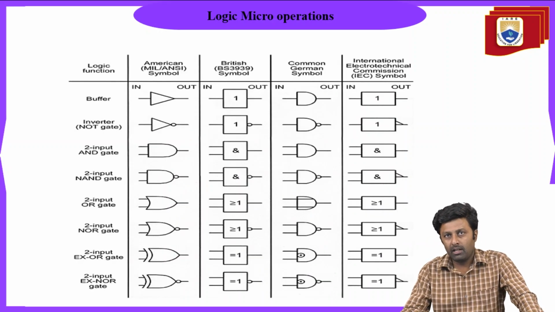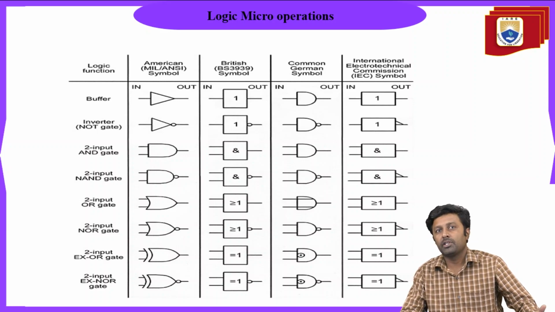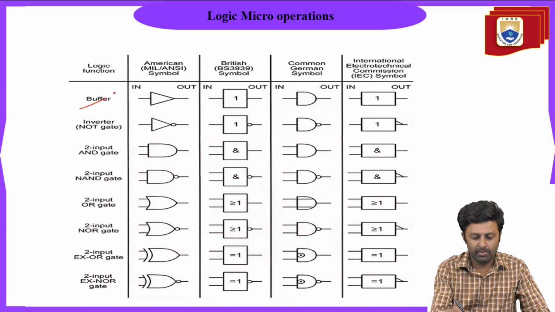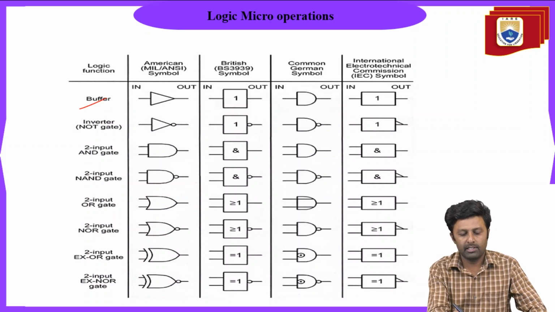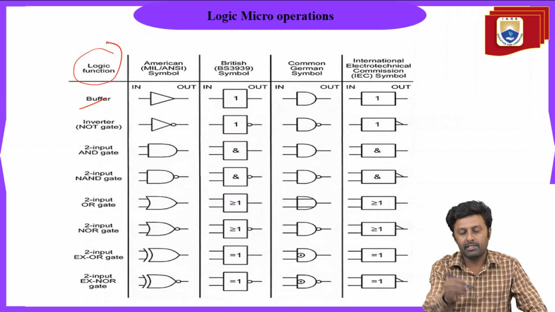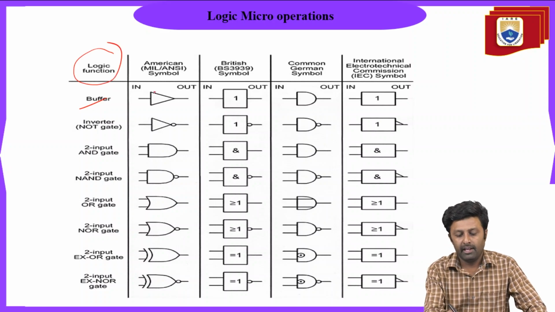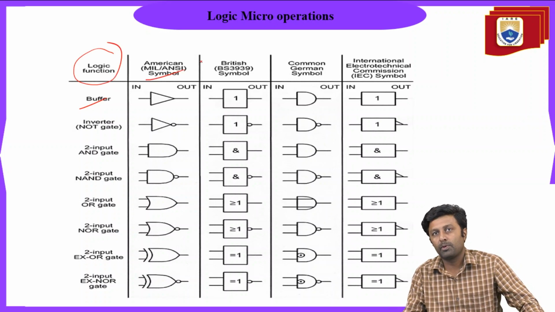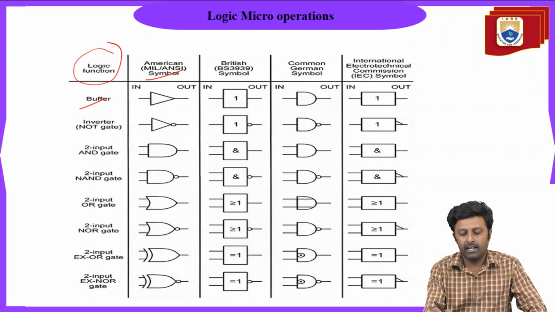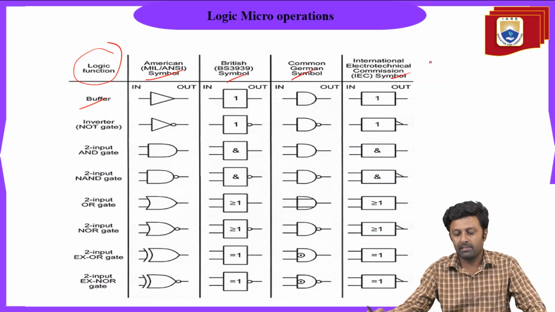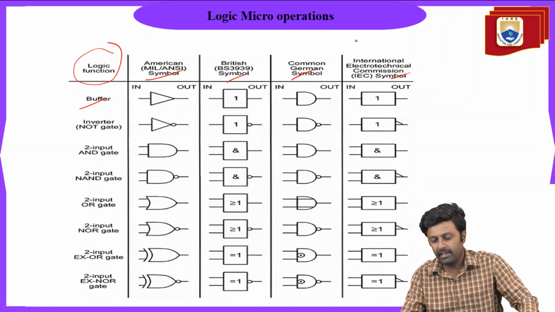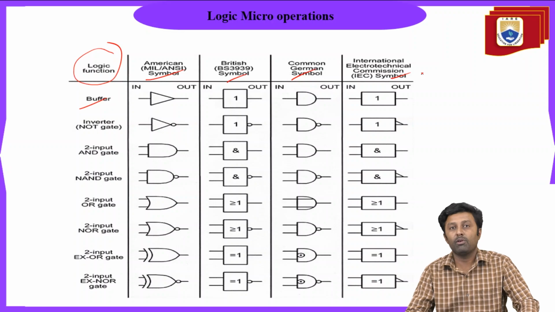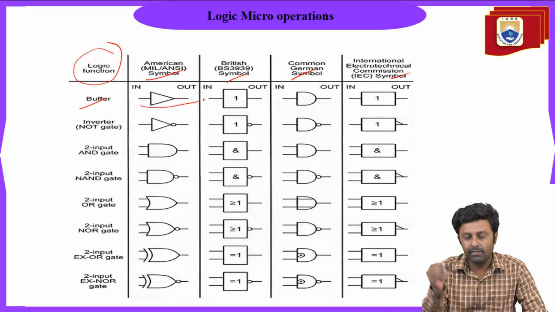In the logical operations, we can list out some of the operations in this table. This column represents the logic function, and here is the symbol for the operation. Then there are the different types of symbols we can use, like the British, German, and other electronics instrumentation symbols. The buffer is represented with this.